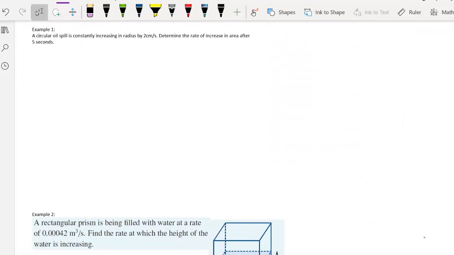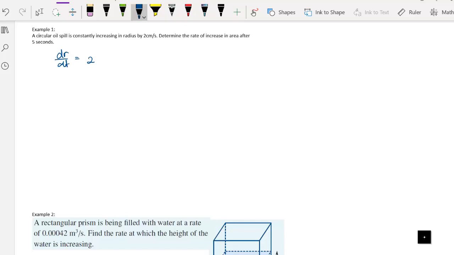So the first one is an application of what we just talked about. We've got a circular oil spill. It's constantly increasing in radius by 2 centimeters per second, and we're trying to determine the rate of increase in area after 5 seconds. So straight away, we know that the radius is increasing by 2 centimeters per second, so we know straight away dr/dt is equal to 2.